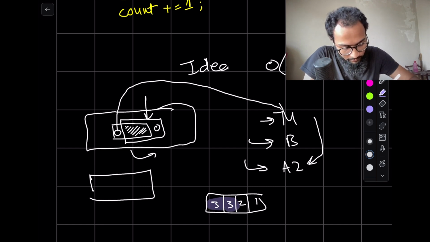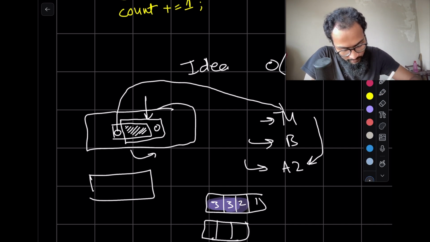Actually, let's say our current array was of size 3, and let's say our B is something like 3, 3, 6, 5.